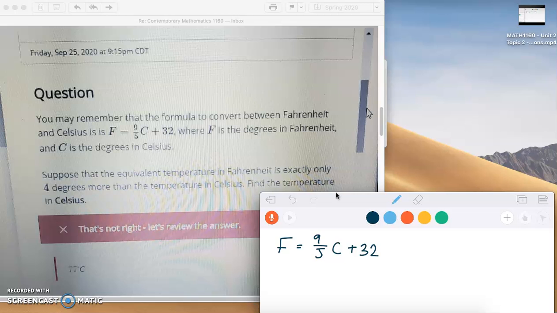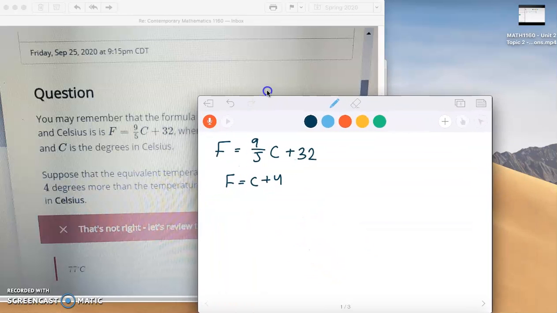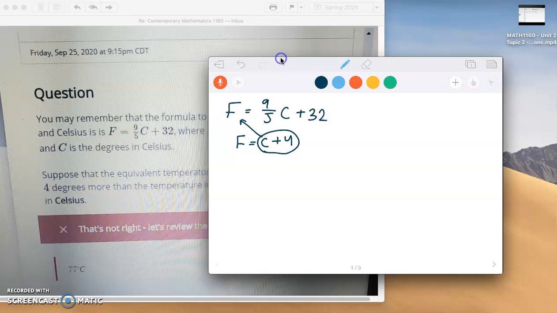So that means that F equals C plus 4, right? So now we're given a second equation. So we can plug this in for F and solve for Celsius, and then that will also tell us the Fahrenheit. So it's asking us find the temperature in Celsius.